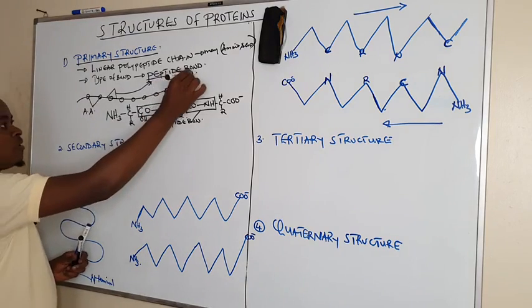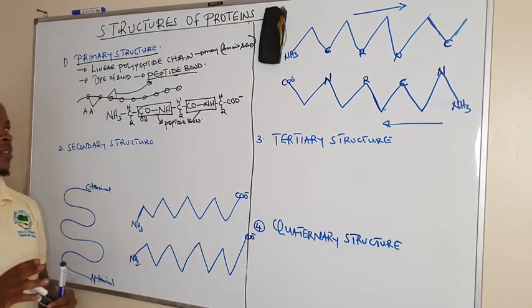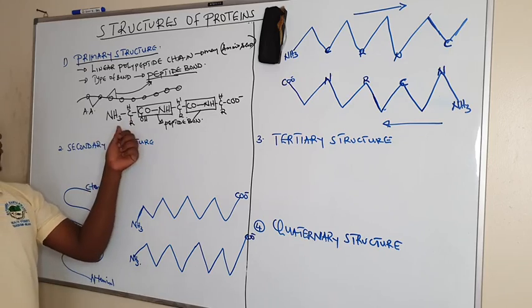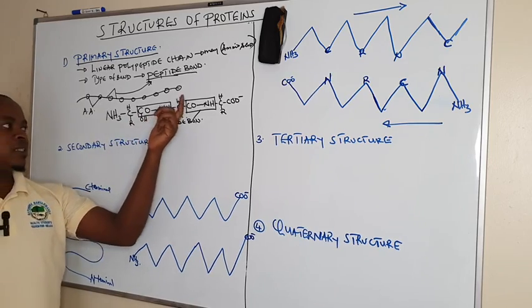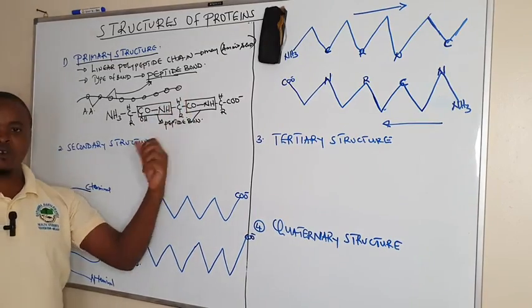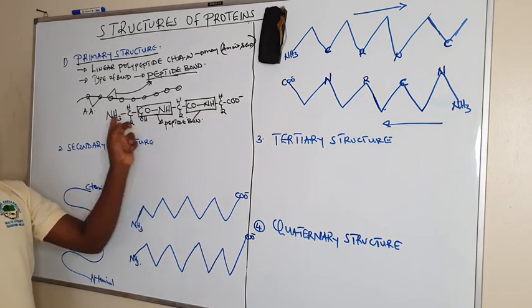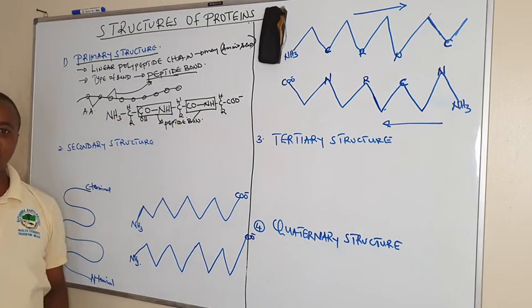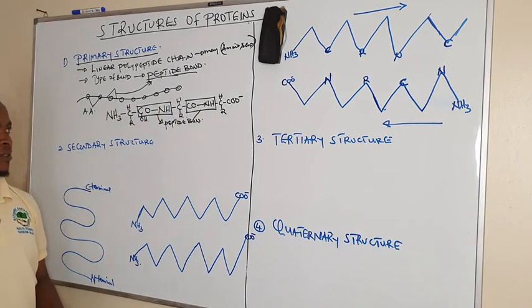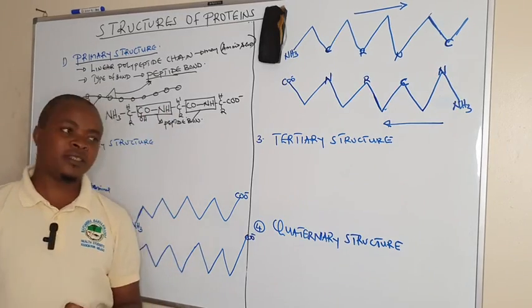The only bond found in the primary structure is the peptide bond, formed between the carboxyl group of the first amino acid and the second incoming amino acid, and they continue to form like the other, the way we have seen these two being formed to form a linear polypeptide chain of amino acids. So this is what we can discuss about the primary structure of proteins.